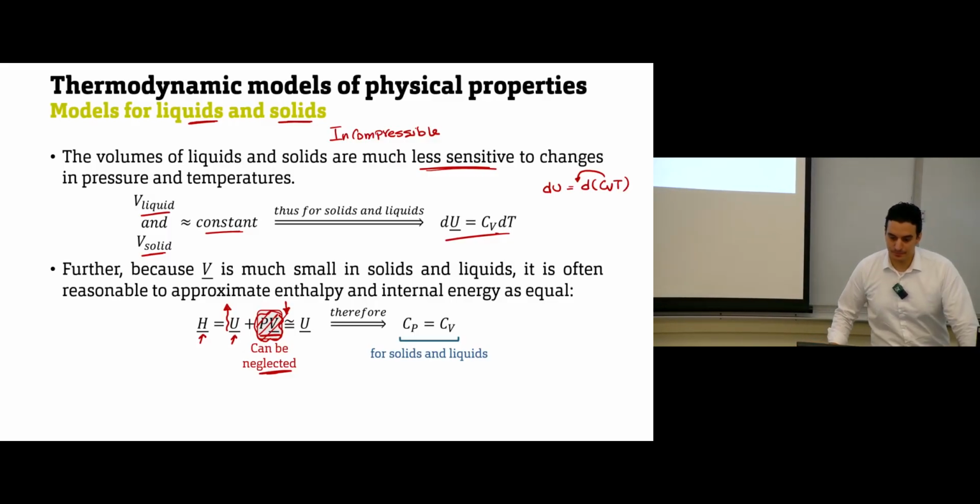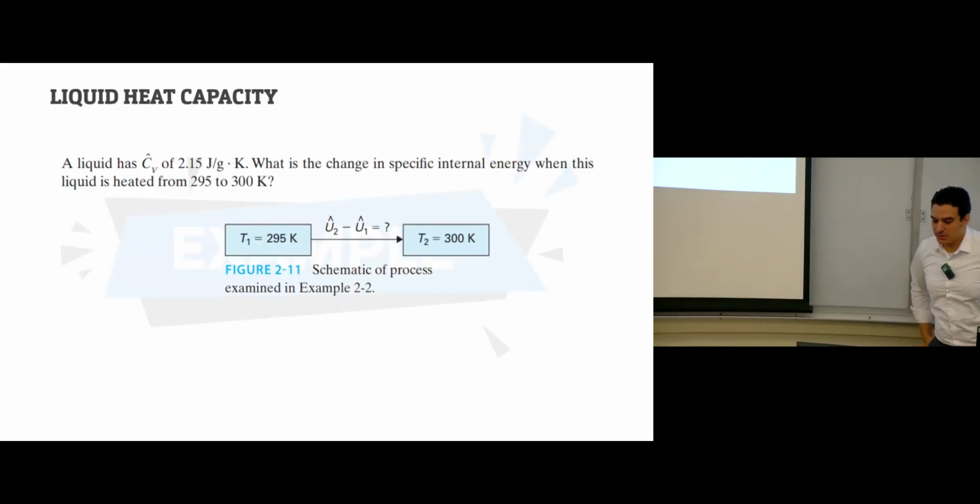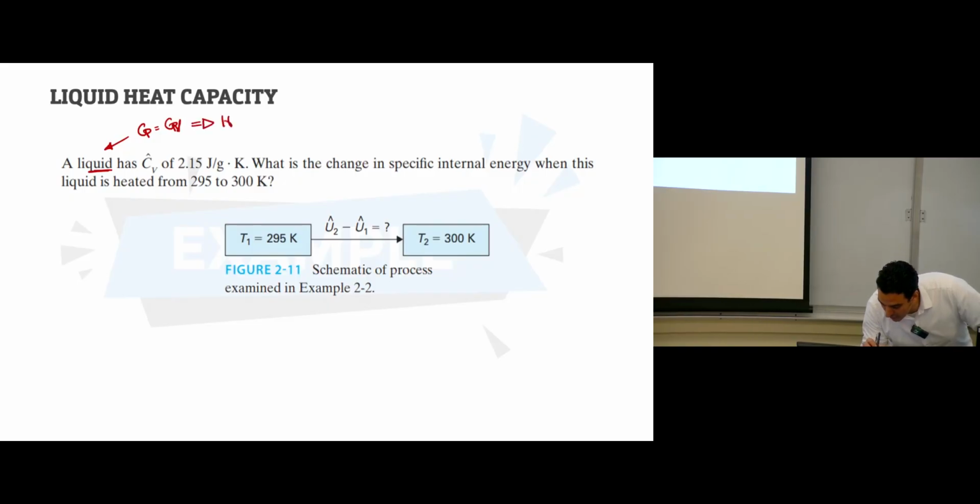Clear? Okay. Let's take this example. This example says we have a liquid. When you hear the word liquid, it means the value of Cp equals the value of Cv, which implies that the value of internal energy equals the value of enthalpy. Just this should come to your mind when you see a liquid or a solid. Okay.